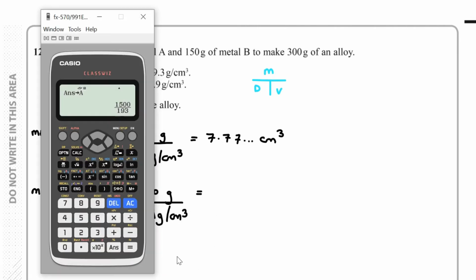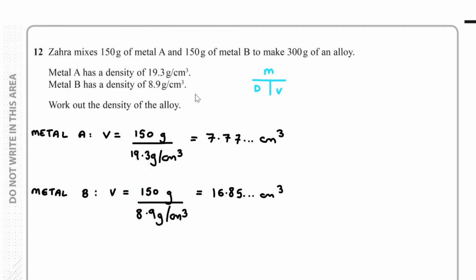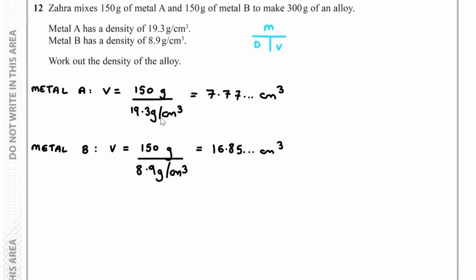So if we work this out, we have 150 divided by 8.9, which is 16.85, etc. centimeters cubed. Let's store this into B. Now to work out the density of the alloy, we need the total volume and we also need the total mass.